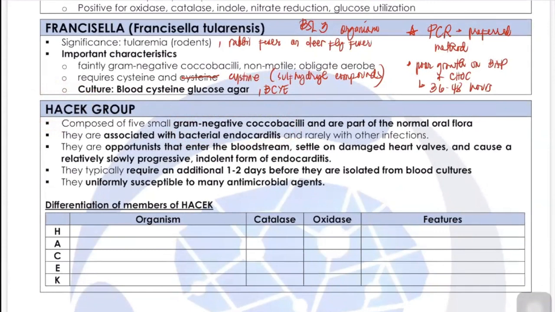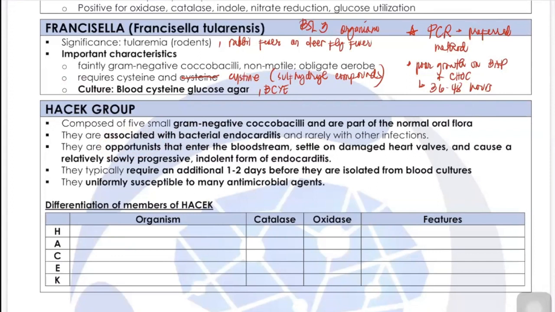Because they are part of the normal flora and may cause infection, they are classified as opportunistic. They may enter the bloodstream, settle on damaged heart valves, and cause a slowly progressive, indolent form of endocarditis. They typically require an additional 1 to 2 days before they are isolated from blood cultures, and they are uniformly susceptible to many antimicrobial agents.